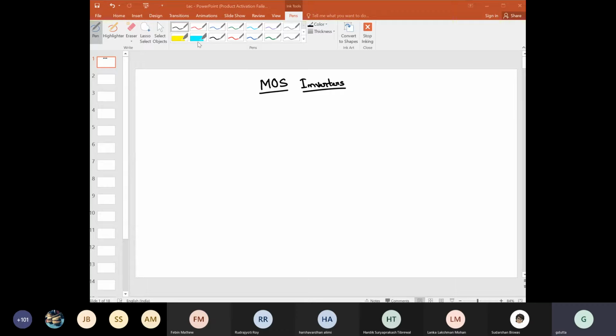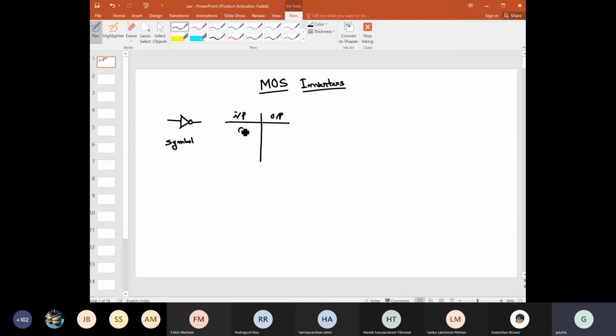Whenever we say MOS inverter, then obviously from the digital electronics course, you know that this inverter is represented by this symbol, right? A truth table can be given by this.